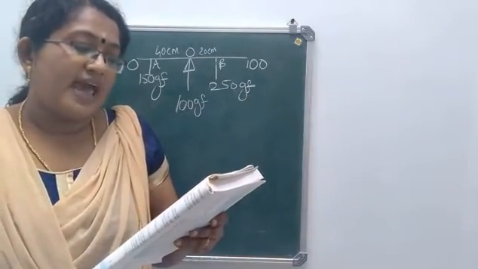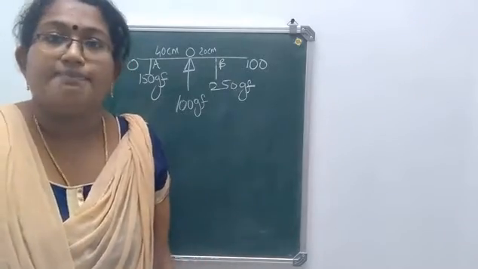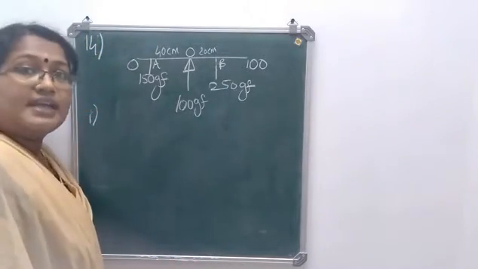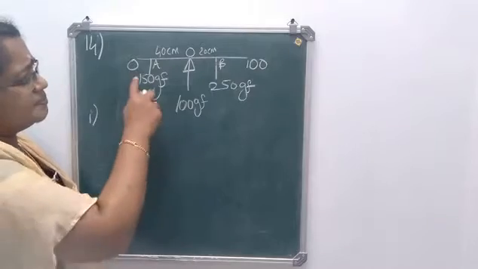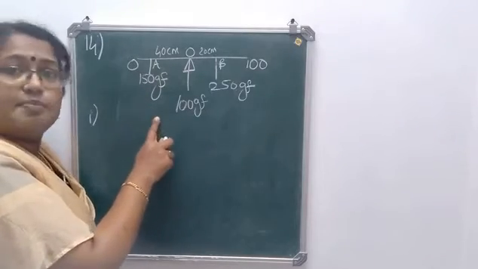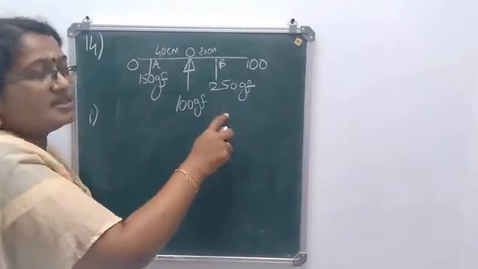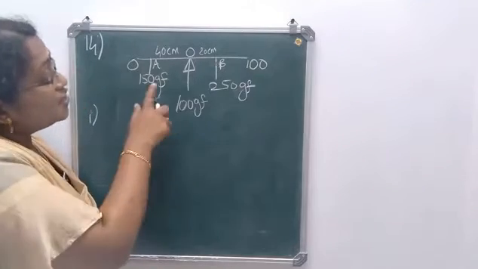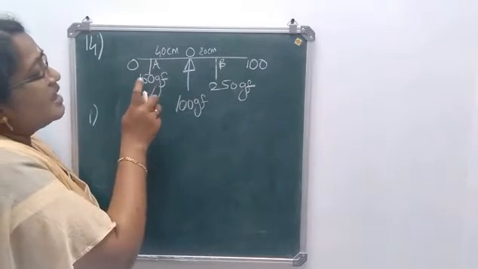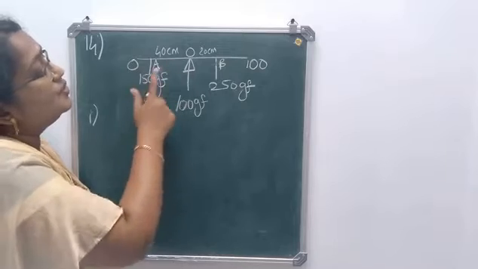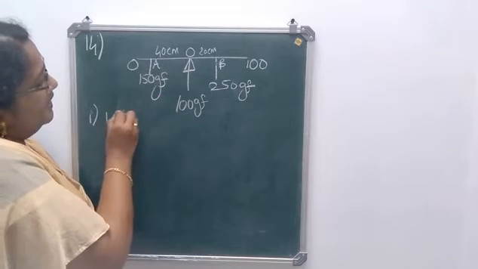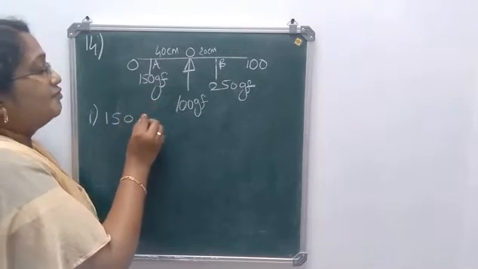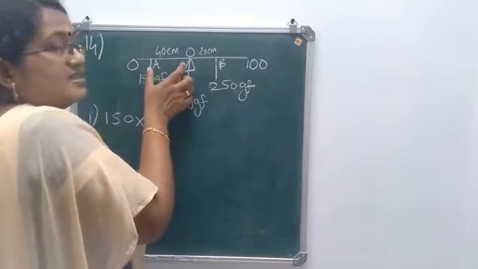Calculate the total anti-clockwise moment about O. So what is the total anti-clockwise moment? So already I told you here we will be having the anti-clockwise moment and this will be the clockwise moment. So anti-clockwise moment means the force acting here into distance. What is the force acting here? It is 150 gram force into this distance, isn't it?